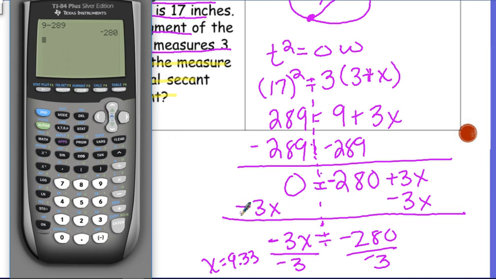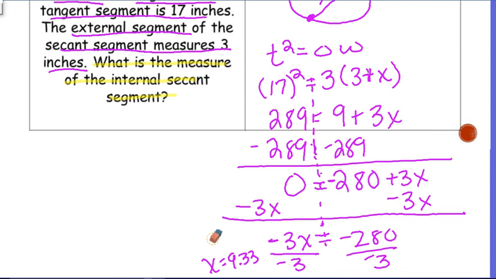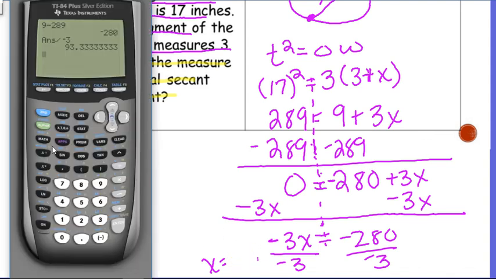I did that correctly. And then I get negative 3x, bring it down, and I divide this by negative 3. And there we go. Oh, it's 93.33, okay? So double check yourself like I just did to make sure that you are in the game. So, yep, 93.33.